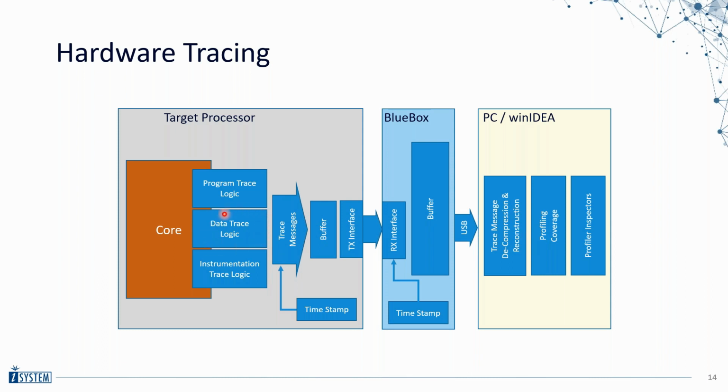So that's data tracing. And then finally, instrumentation trace logic is actually a hybrid technique. I mentioned software trace earlier, which would be the example for RH850. And then there are other techniques for other microcontrollers.